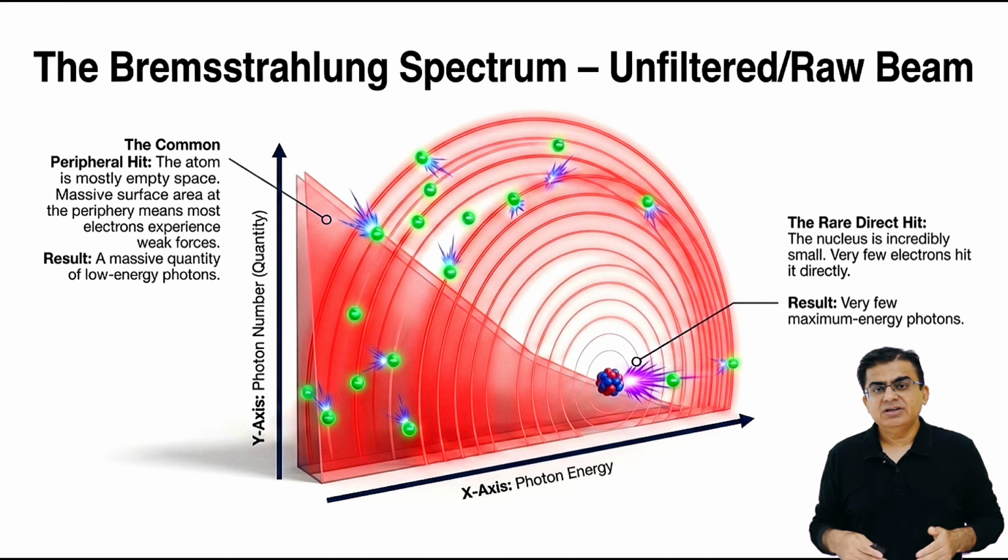This is the visual representation of our unfiltered Bremsstrahlung X-ray beam spectrum. On the vertical y-axis, you can see the total number of photons produced. On the horizontal x-axis, you see the exact energy of those newly born photons.